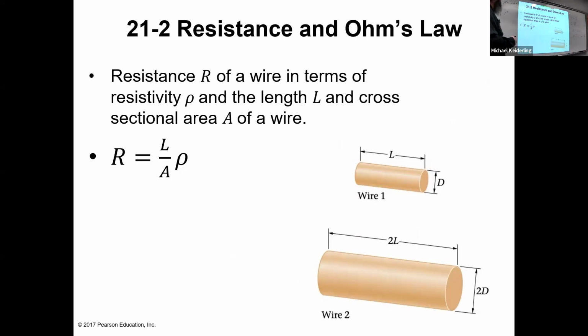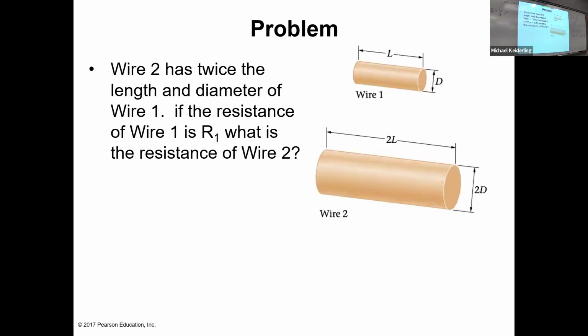But the resistance of a wire in terms of resistivity, the length and cross-sectional area of a wire is, if you know the resistivity, length divided by cross-sectional area times the resistivity. So if wire 2 has twice the length and diameter of wire 1, and the resistance of wire 1 is R1, what is the resistance of wire 2?